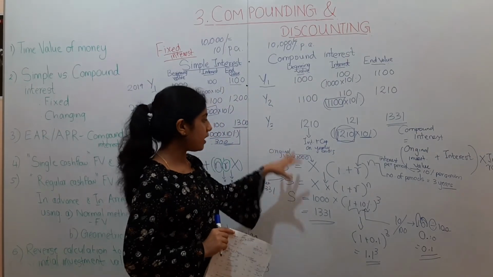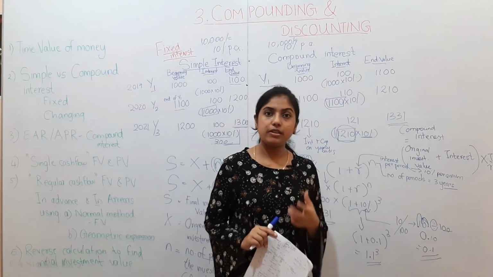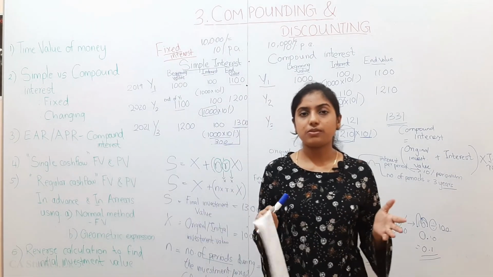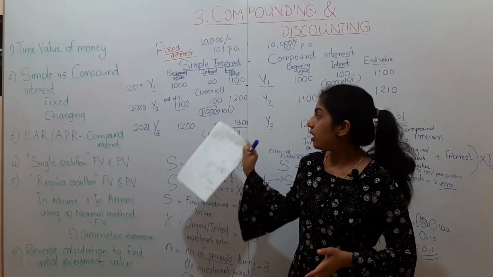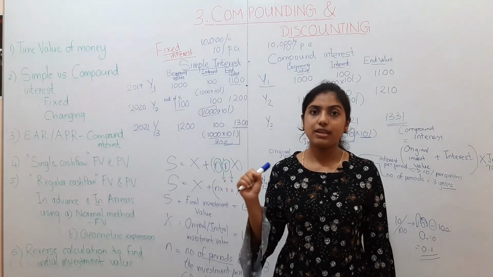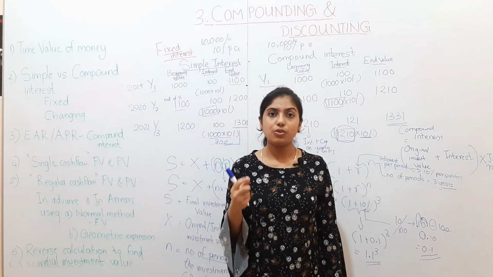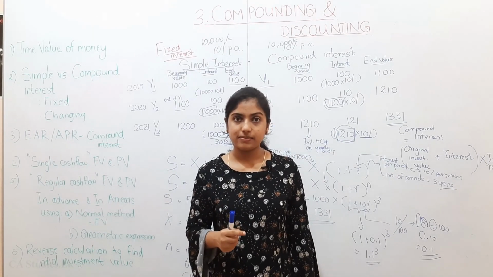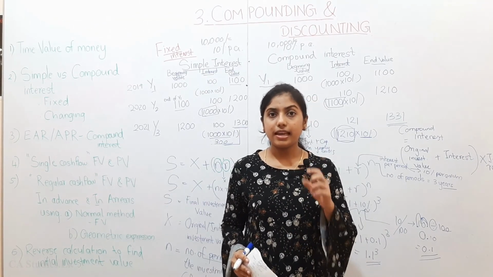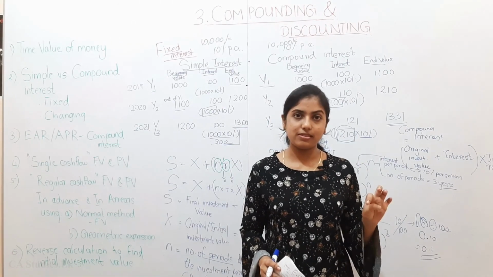But this is how we calculate compound interest in a scenario where interest rates are fixed. Remember that very well. For both simple interest calculation and compound interest calculation, whatever we have learned so far, the interest rate will remain fixed. That is the only assumption we make. Fine. The other thing to remember is that the n and r in the equation must relate to the same number of periods.